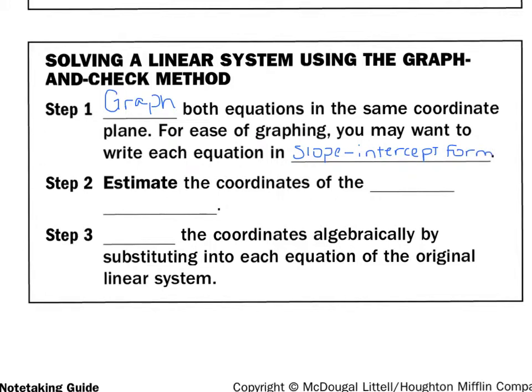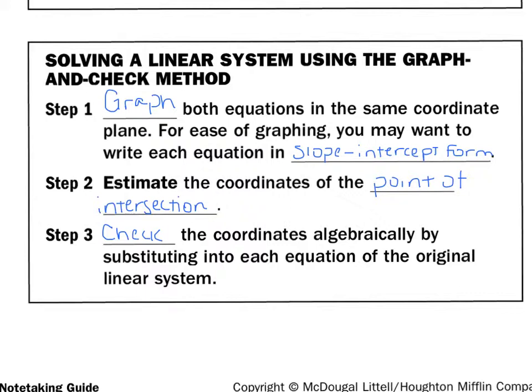Step 2 is, after you've graphed both lines in the same coordinate plane, you want to estimate what the coordinates are of the point of intersection. Step 3 is to check the coordinates algebraically by substituting into each equation the original linear system.